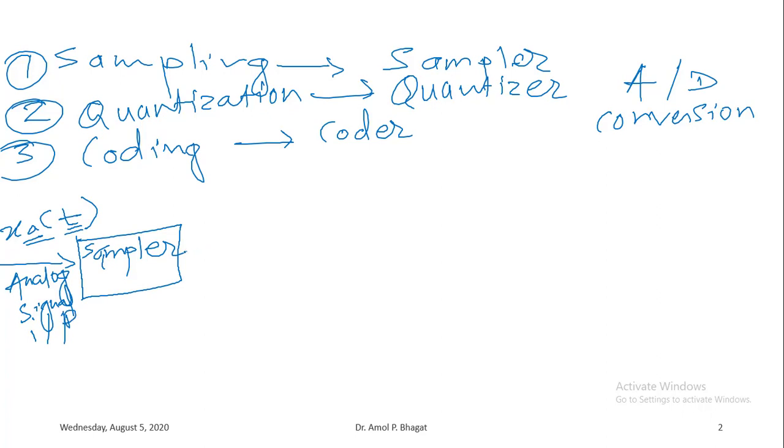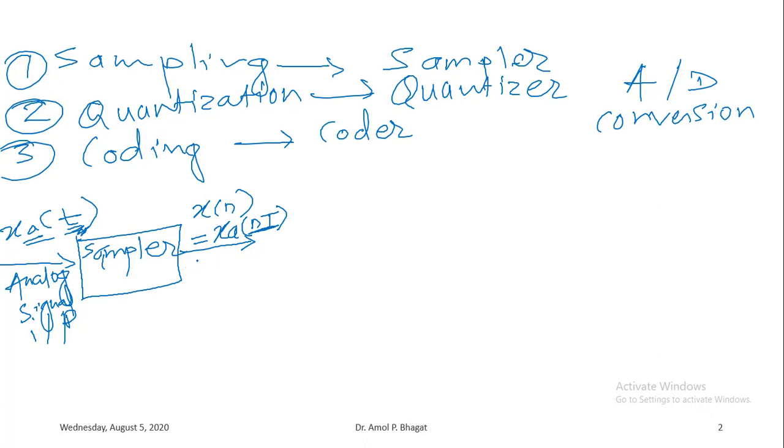After that, xa(t) is converted into the sampled signal, represented as x(n), which is nothing but xa(nT), with small n and capital T. The small t in the analog signal is simply replaced by nT to get the sampled version of the analog signal.